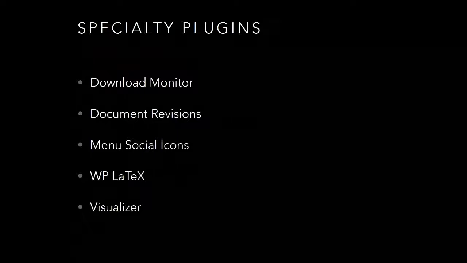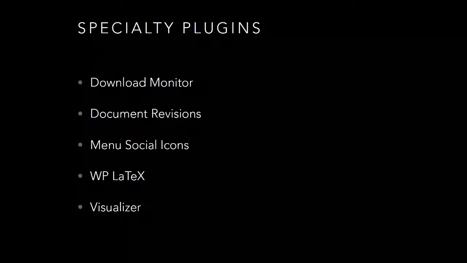Menu Social Icons is just one that you drop in, and if you have a link to Facebook, Twitter, Tumblr, whatever in your navigation, it replaces it with an icon. It's the simplest thing in the world, and it's beautiful. It works seamlessly. When I work with engineering and science and math faculty, they always want LaTeX, and there is a plugin for that. It's called WP LaTeX. Imagine that. Works great.